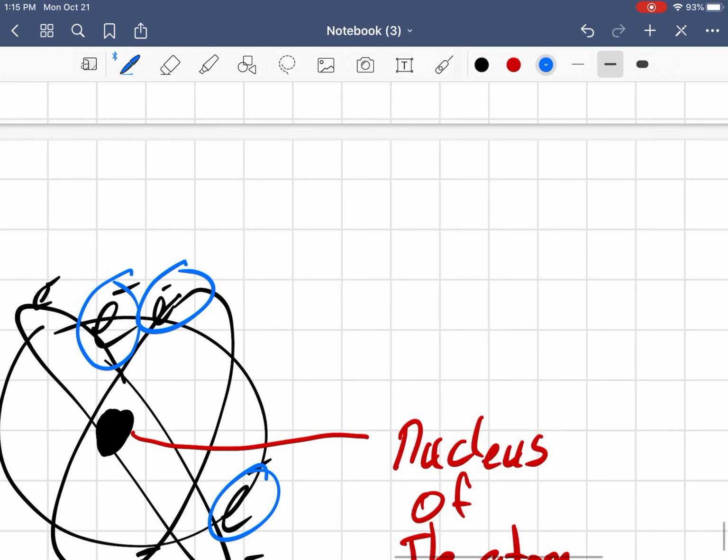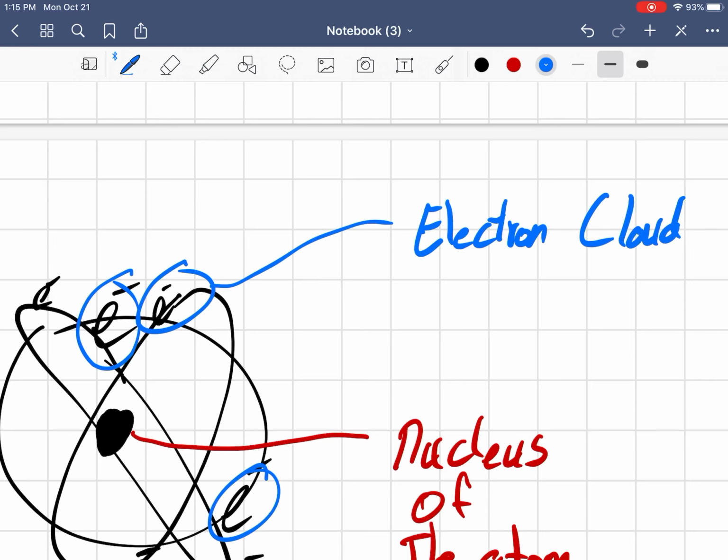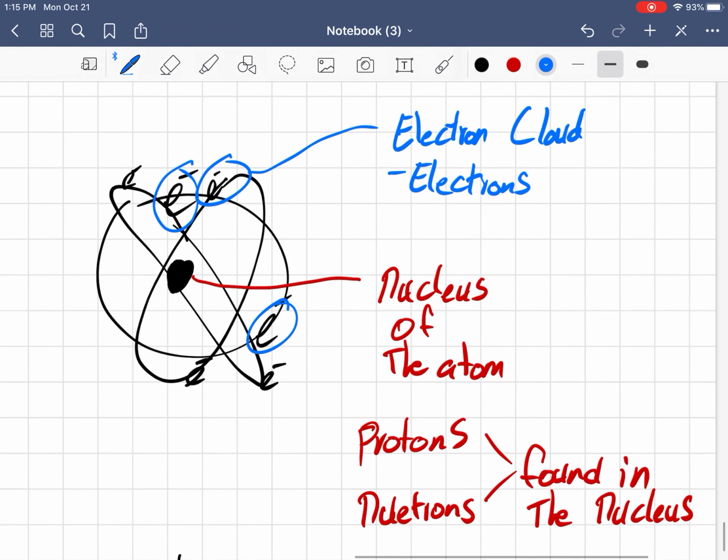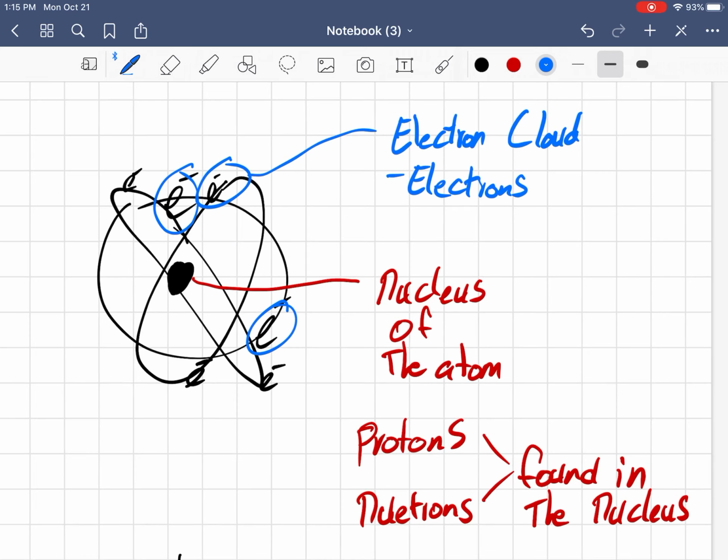And electrons, they're in this area we call the electron cloud. That's where we find electrons. And electrons are actually really interesting because they are so small and they move so quickly.